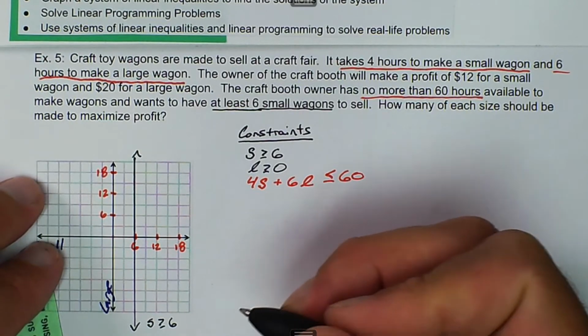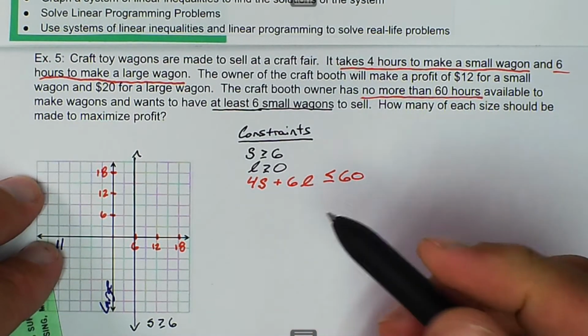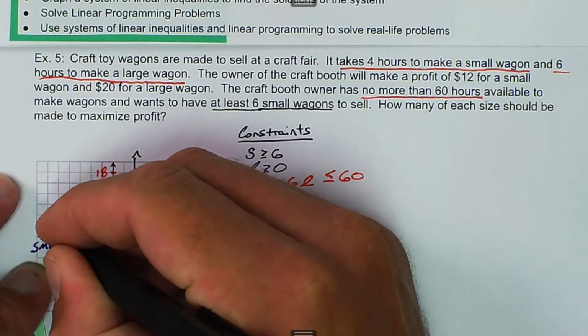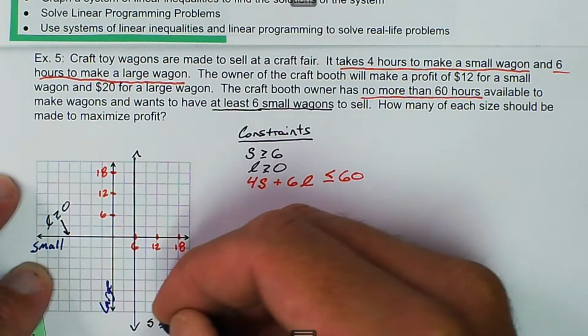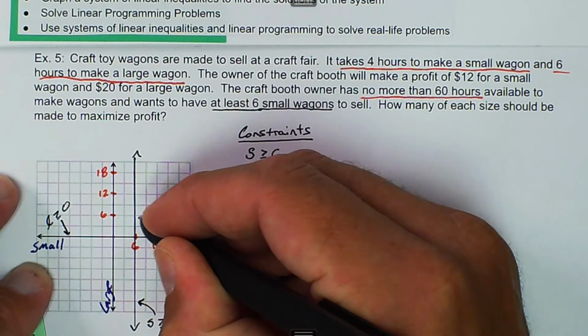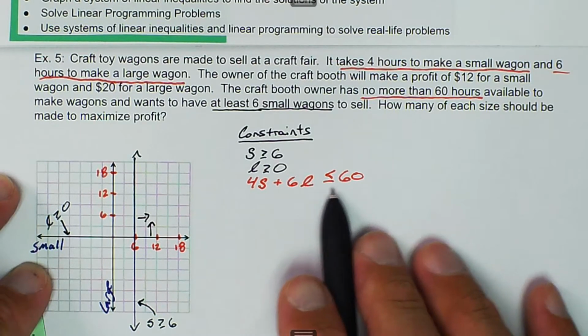The next one that we can look at is L is greater than or equal to 0, and that is just going to be this one right here. That's that line. S is greater than or equal to 6. So we're here, and we're here, and we got this one last constraint that we have to graph.